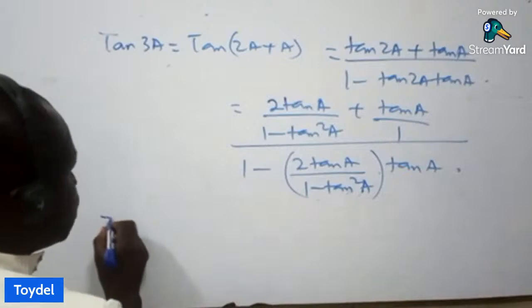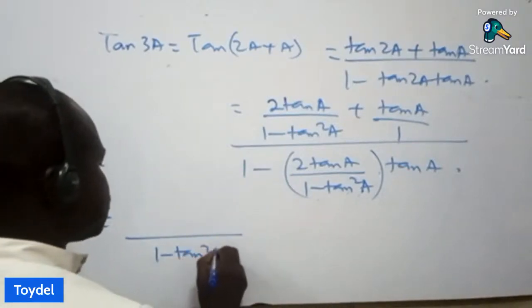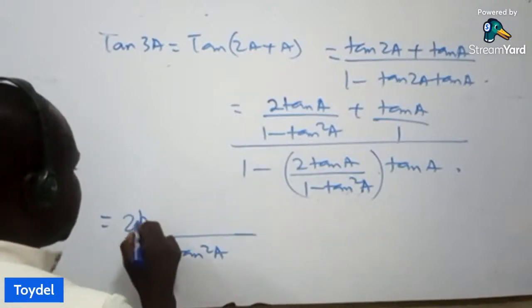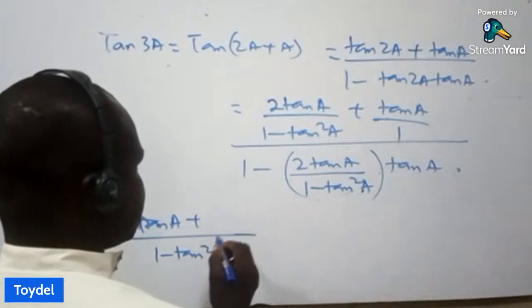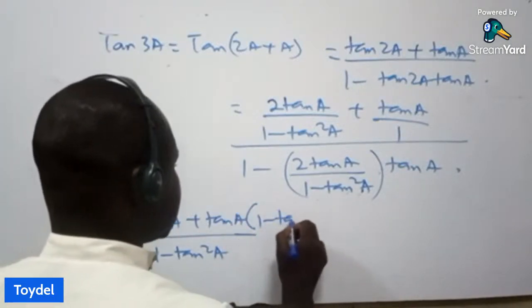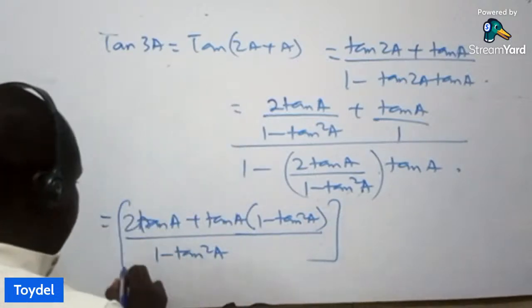Then if you consider the numerator now, the LCM will be 1 minus tan square a. So we are going to have 2 tan a plus tan a multiplying 1 minus tan square a. This is what we have for the numerator.